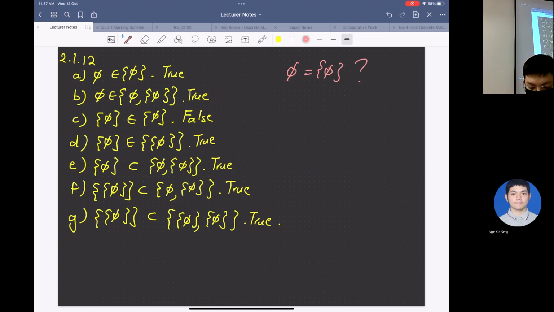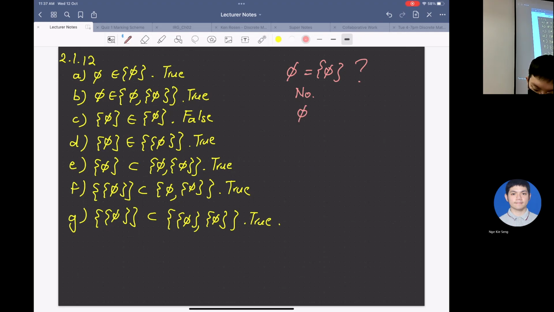Is the empty set equal to the set of the empty set? No. Why no? Suppose we want to show true.